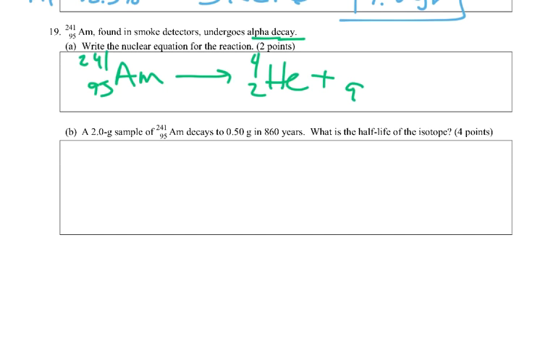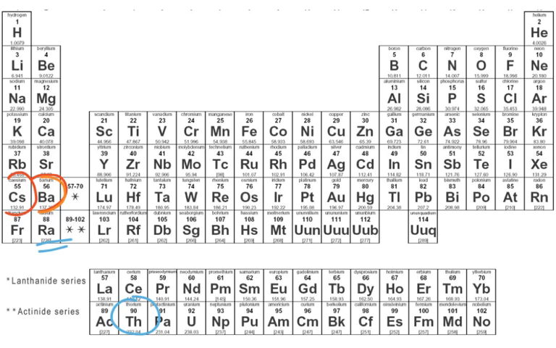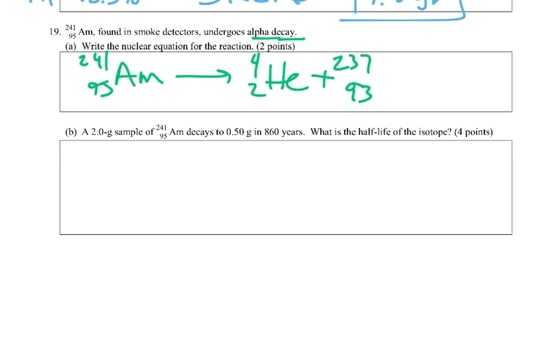The bottom is 93, and the top one, 241, so it's going to make it 237. So 237 over 93. So who's number 93? Down here at the bottom, there it is, Neptunium. Okay, so it's Neptunium using our periodic table, and that's our equation.